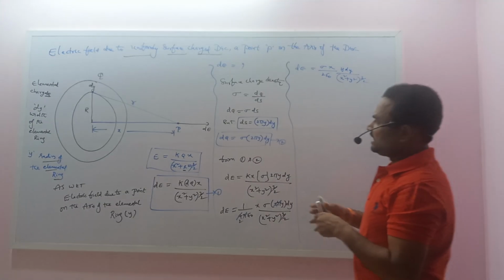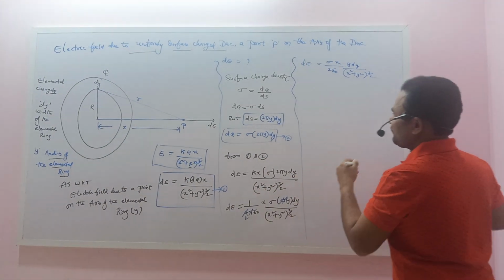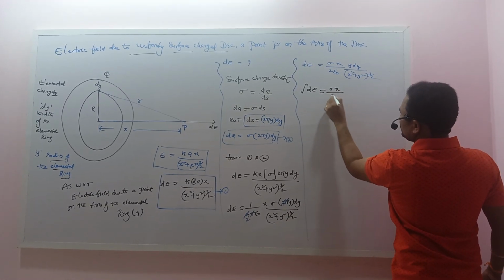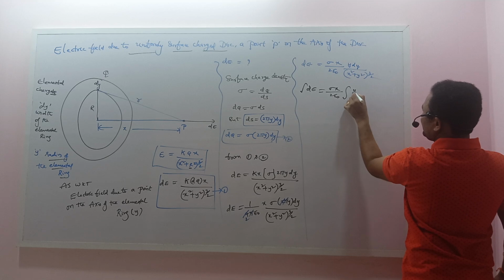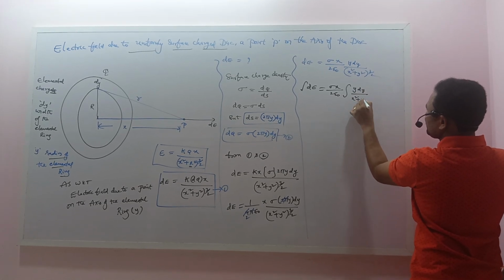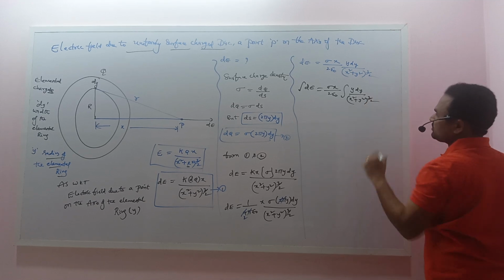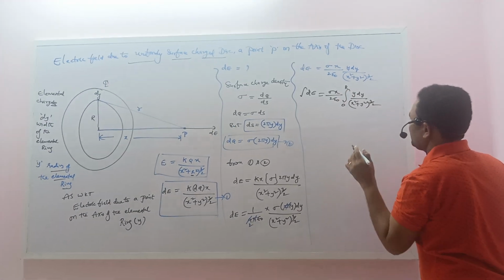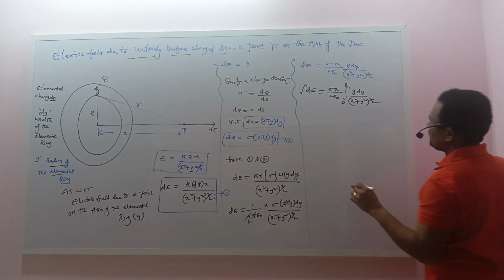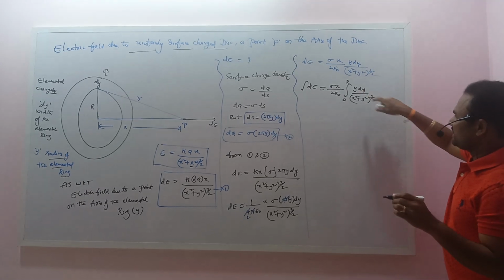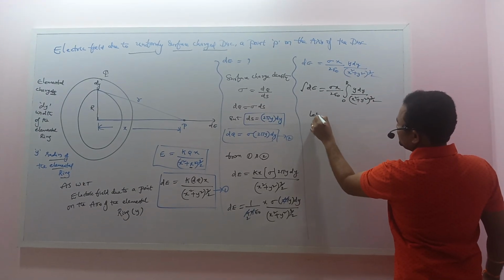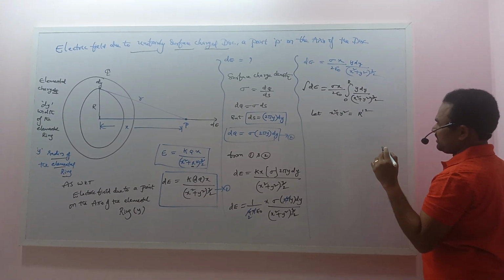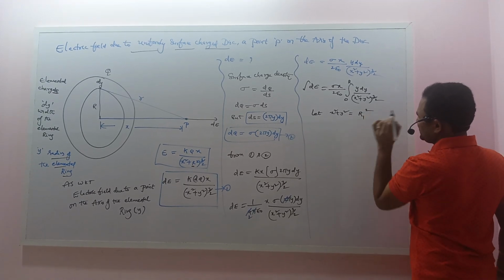Now we need to calculate the electric field at a point on the axis. So integrating, E is equal to sigma x by 2 epsilon naught integral of y dy by (x square plus y square) whole to the power of 3 by 2, with limits from 0 to R. Let x square plus y square be equal to r1 square.